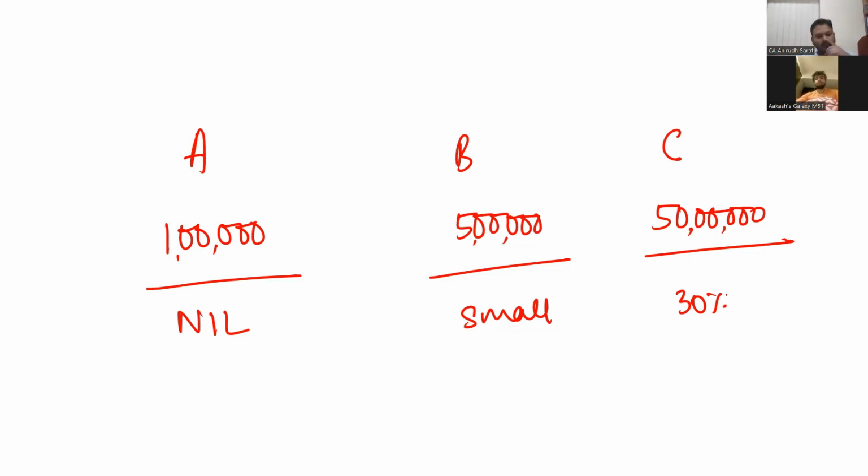Next case, similarly, you will see later on as we progress in the course. For example, A and B are both earning 5 lakh rupees. So same amount. Plus, both are in the same profession. The source of income is also the same.